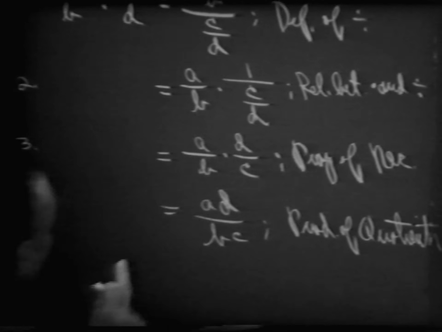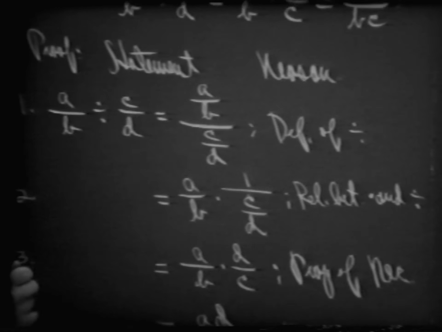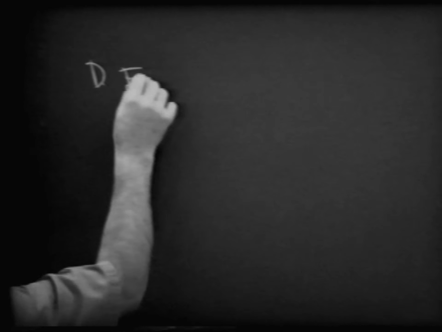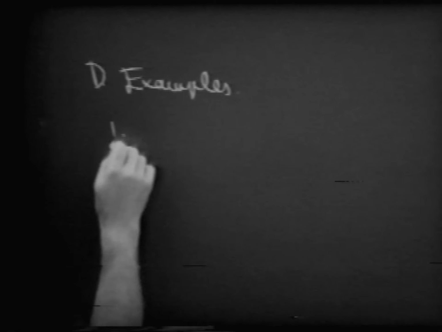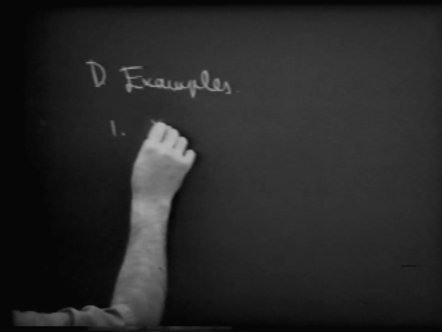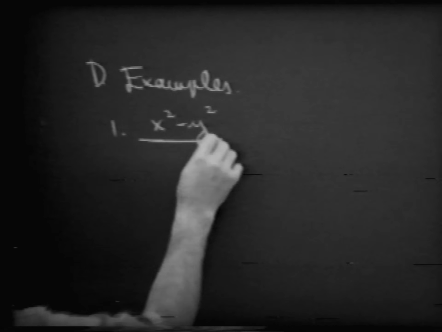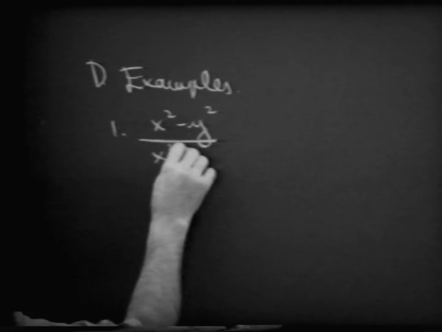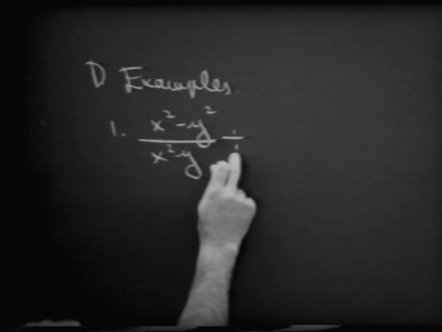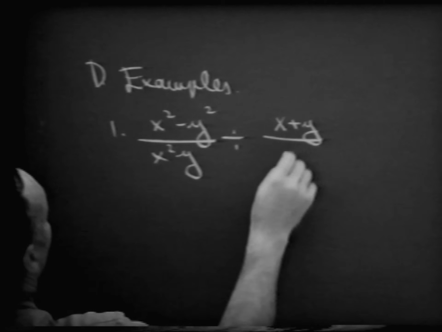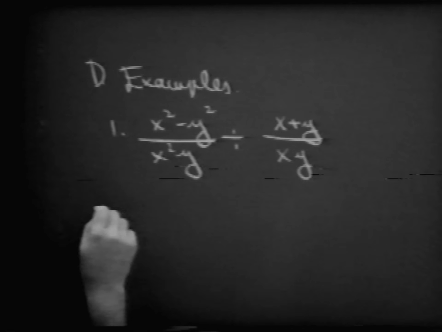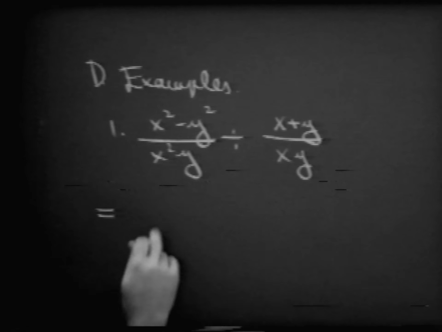Well, I think this theorem is going to prove to be quite important for us, and let's look at a number of examples that will illustrate it. Suppose we had x squared minus y squared divided by x squared y, and all this is then divided by x plus y over xy. All right? And now again, let's work vertically here.